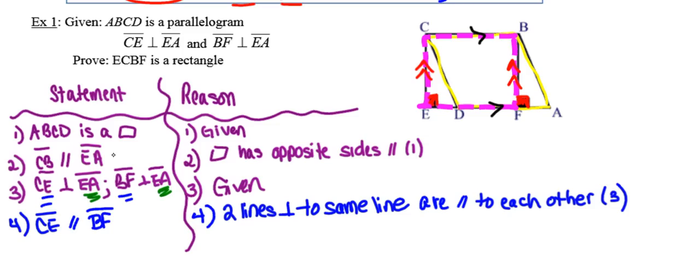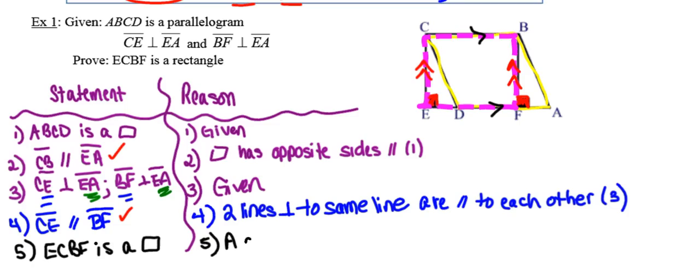And now in statement 2, I've got left side or top side parallel to bottom. In statement 4, I've got left side parallel to right side. So now I'm all set up very nicely to say that ECBF is a parallelogram.